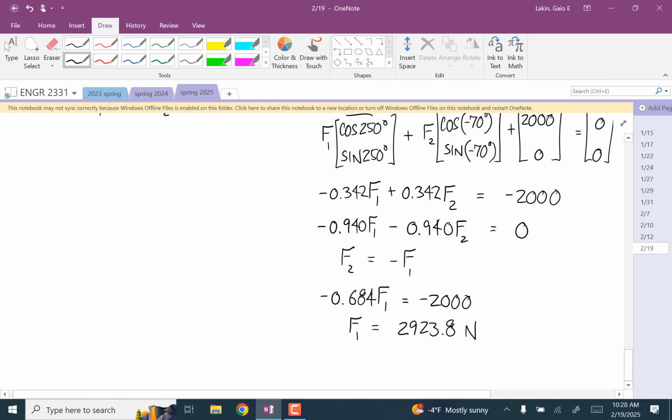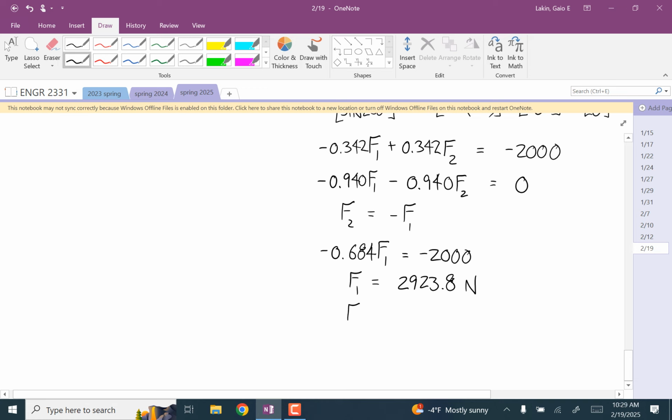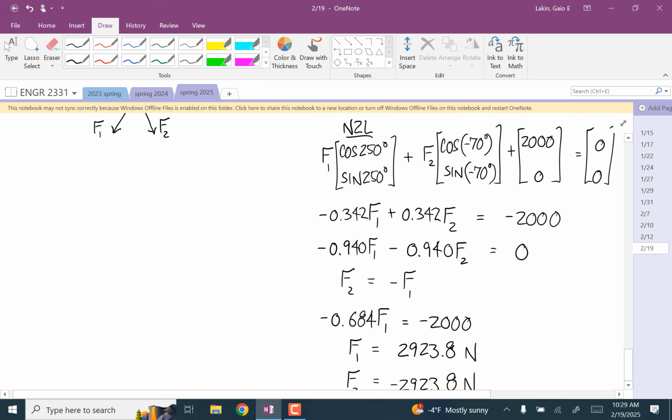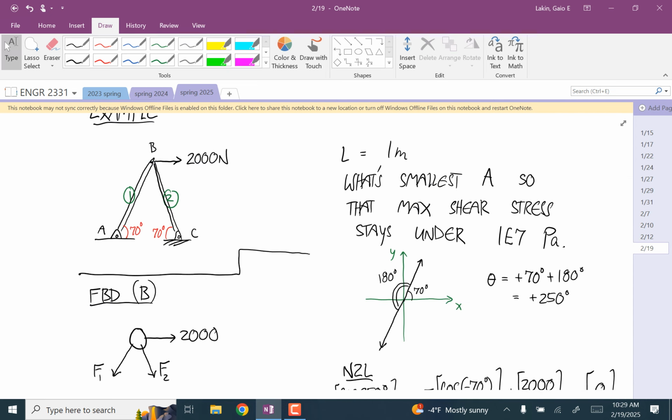Yep. And that means that F2 is the opposite of that, so negative 2923.8. If you look at how this works, you can kind of make sense out of the fact that this one is going to be in tension and this one is going to be in compression.